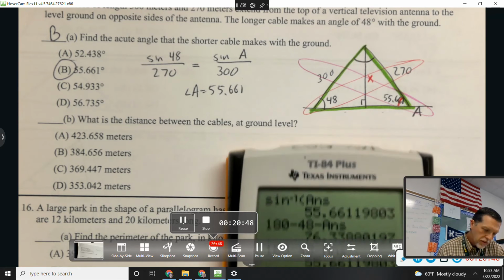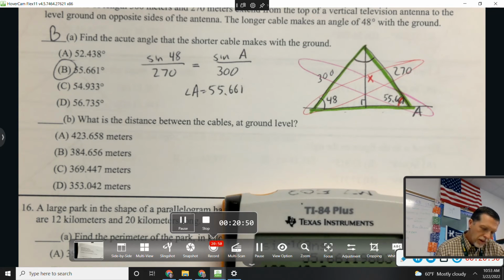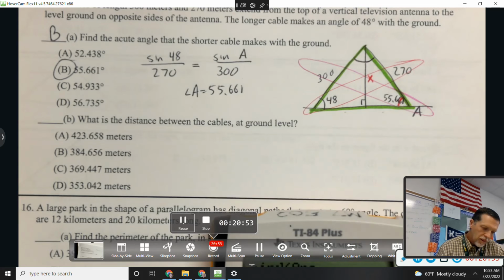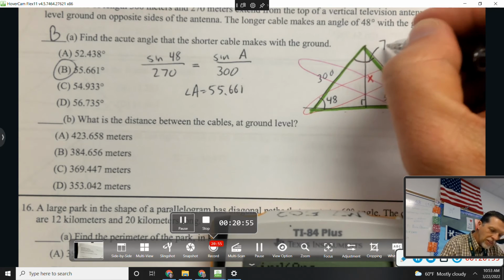Whoops. 180 minus 48 minus 55.6. So that top angle, the full angle, is 76.339.